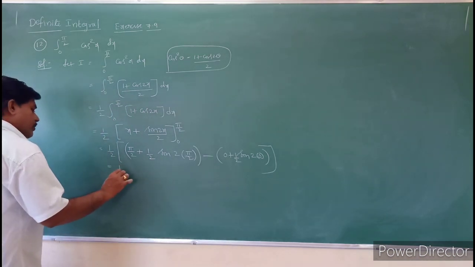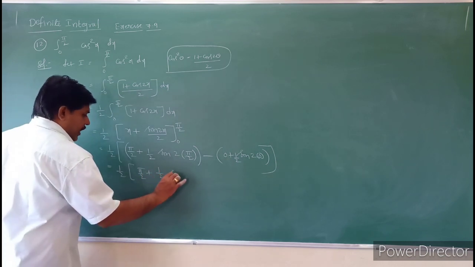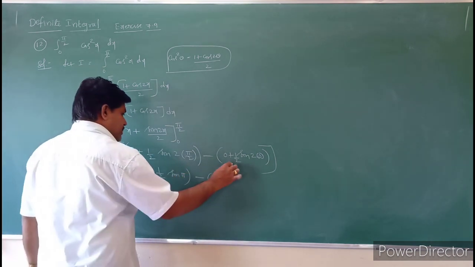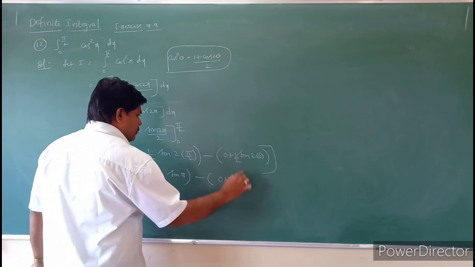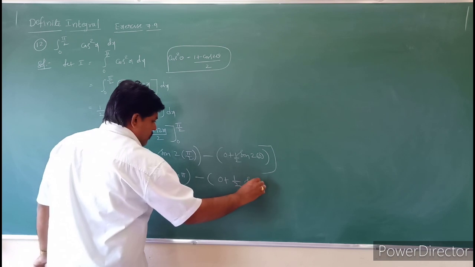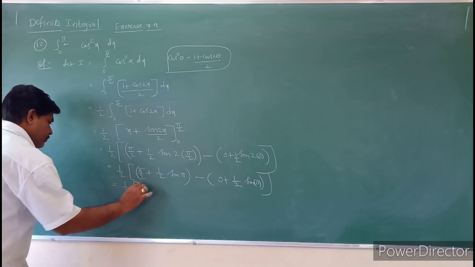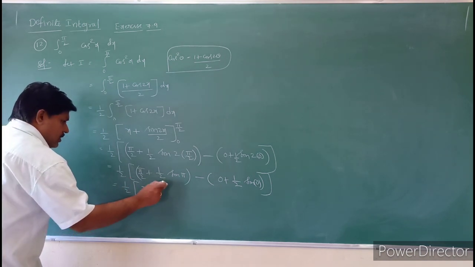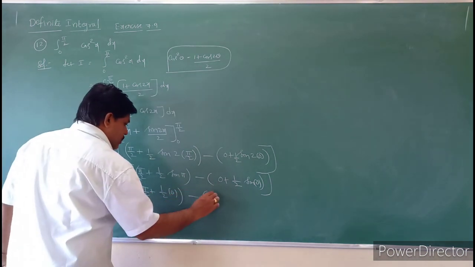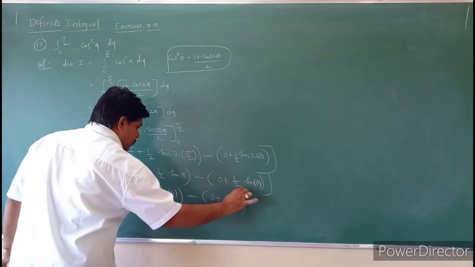So that is equal to 1 by 2 into pi by 2 plus 1 by 2 into sin pi, minus 0 plus 1 by 2 into sin 0. That is 1 by 2 into pi by 2 plus 1 by 2 into 0, minus 0 plus 1 by 2 into 0, because that value is also 0.